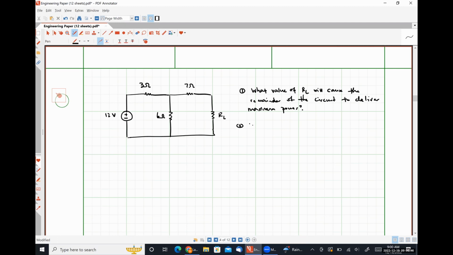And number two, what is the value of the maximum power that can be delivered?